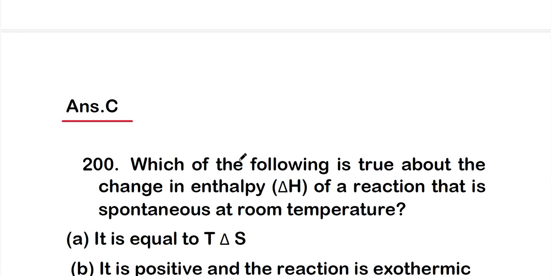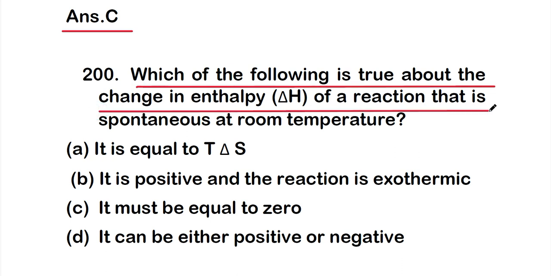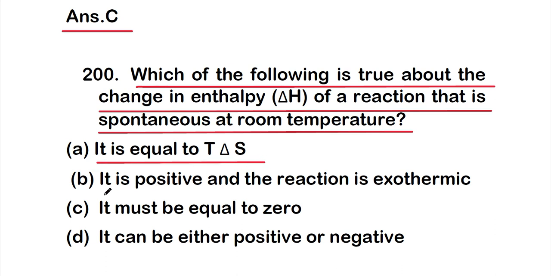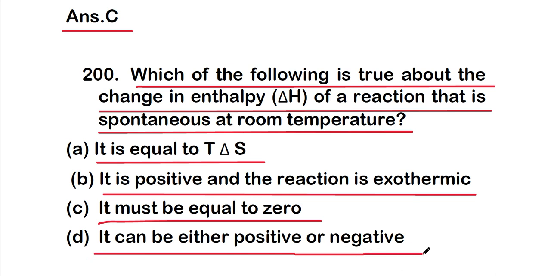Okay. So the last question of this video: which of the following is true about the change in enthalpy of a reaction that is spontaneous at room temperature? And the options are: option A, it is equal to T delta S; option B, it is positive and the reaction is exothermic; or option C, it must be equal to 0; or option D, it can be either positive or negative.